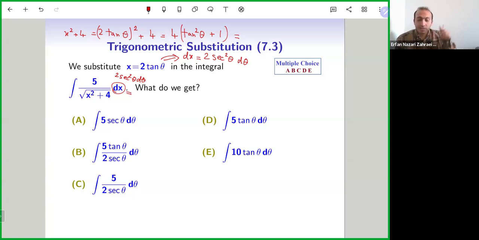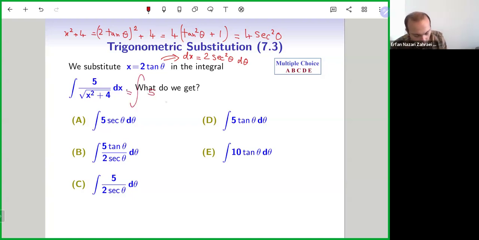I use that identity: 1 plus tangent squared is secant squared. Okay, but what do I have here? It's a root of it. Let's do all these computations in the next step.